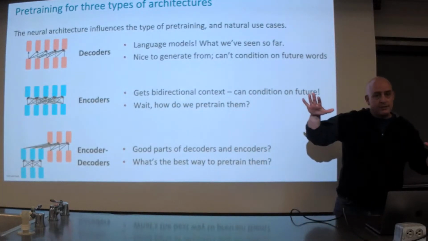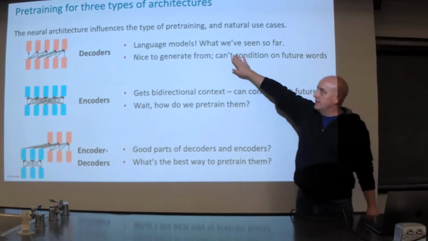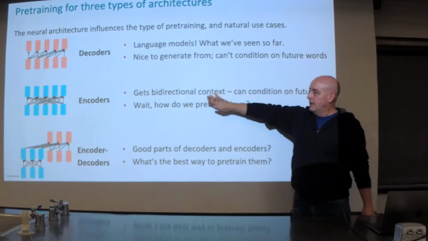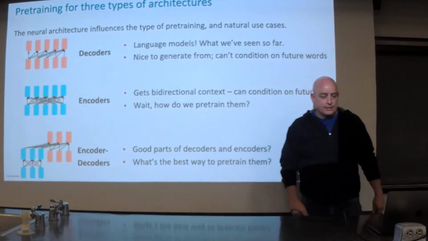So that just depends on the task and what you're interested in doing. Are you interested in generating text? Are you interested in getting the best representations? Are you interested in doing this sequence-to-sequence translation?